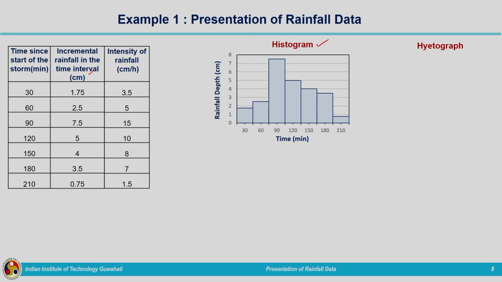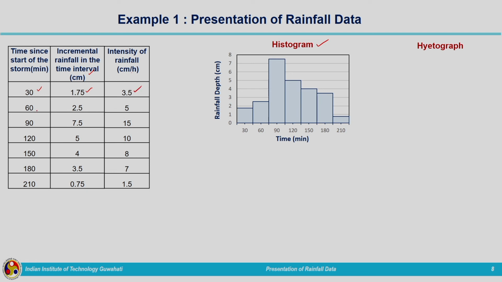So, the intensity of rainfall is 1.75 divided by 30 minutes, represented in centimeters per hour. So, 30 minutes has to be converted to the corresponding hours, 30 divided by 60, that is 0.5 hours. So, 1.75 divided by 0.5 will be 3.5.